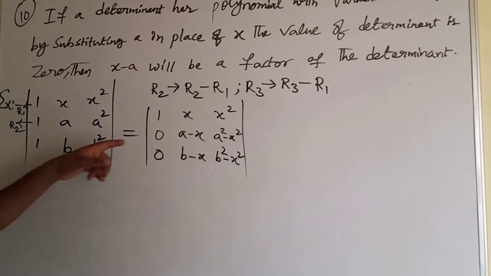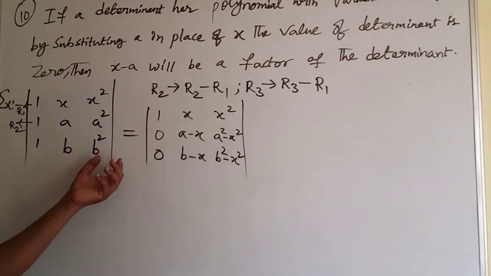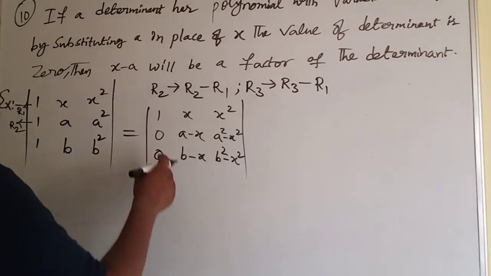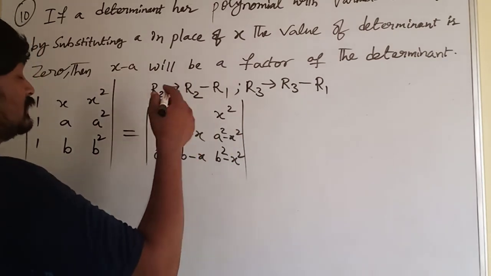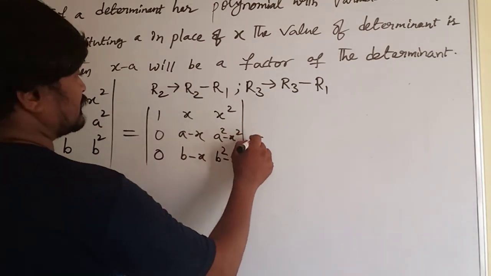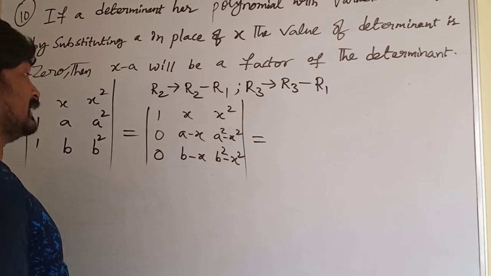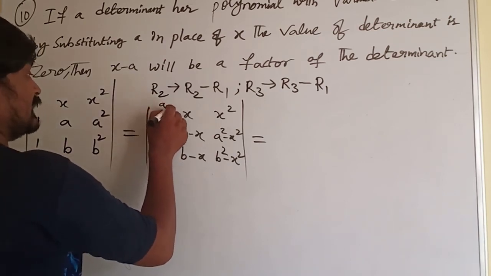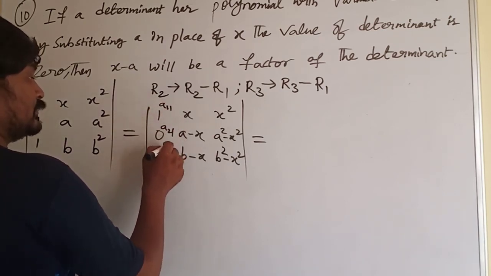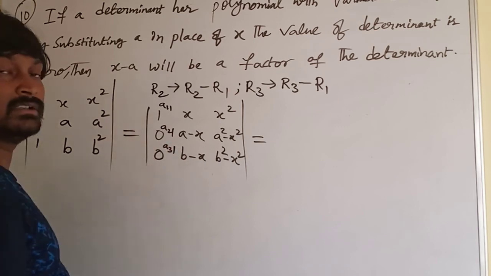So now we make two entries 0. If two zeros are there, then very easily you can find your answer. So it is the cofactors method I am using now. Just observe carefully so that you can understand. So this becomes a11 and a21, a31.